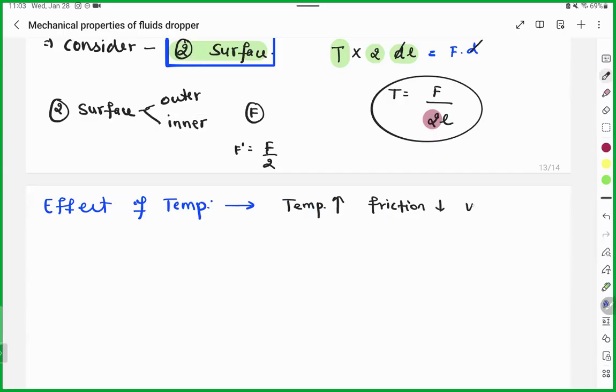It means viscosity will also reduce. In the same way, surface tension between the particles will also reduce. Why? Initially, particles were attracting each other a lot. That was surface tension. When you increase temperature, this attraction will reduce. It means surface tension will reduce. Any doubt? Temperature increases, friction decreases, so viscosity decreases, and here surface tension decreases.